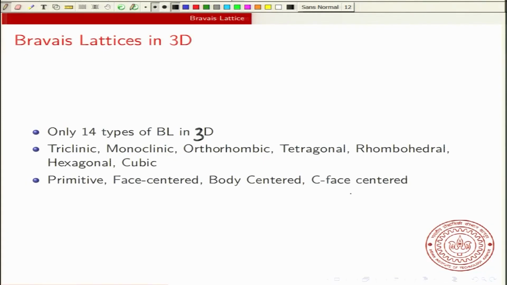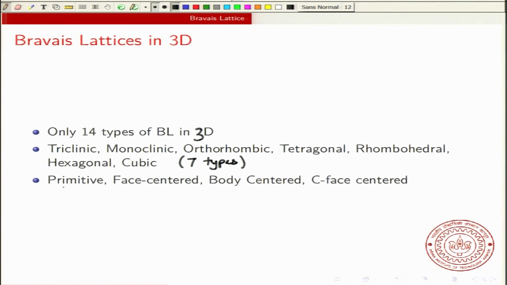Now we will discuss each of these in detail in the next class, but you already noticed that there are 7 types: triclinic, monoclinic, orthorhombic, tetragonal, rhombohedral, hexagonal, cubic. You recall the 7 shapes of unit cells that we learnt, and this is again related to that.